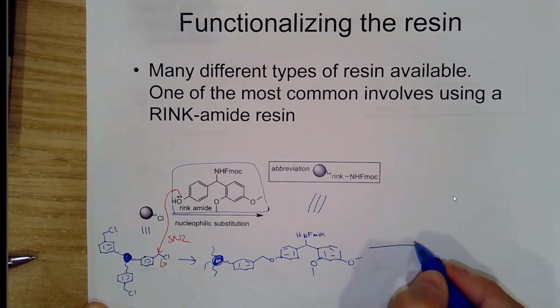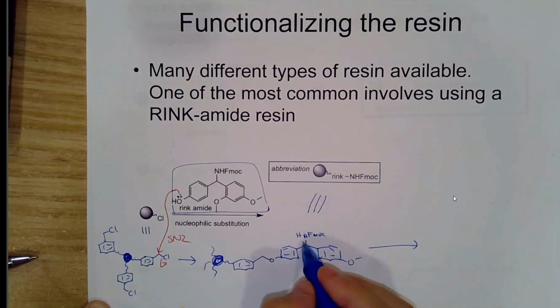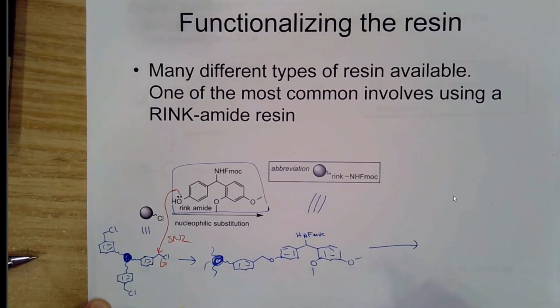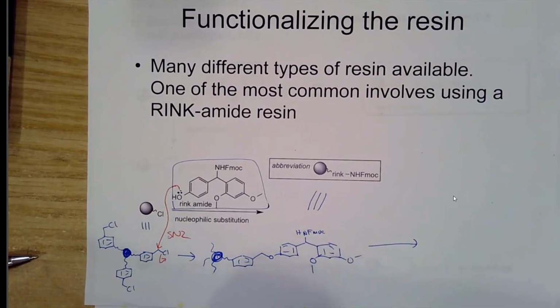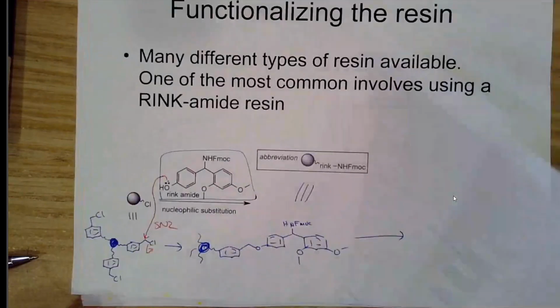So at this stage here, before we start making and building our peptide, we need to have an amine, right? So recall back to this slide here where we had an amine, right? That served as our initial core to synthesize the peptides. So we need to generate that amine.